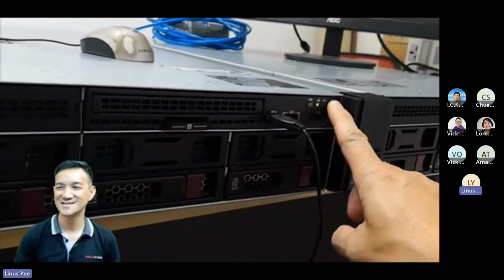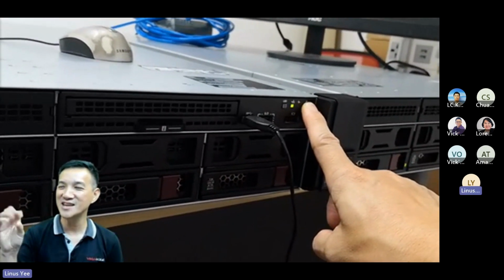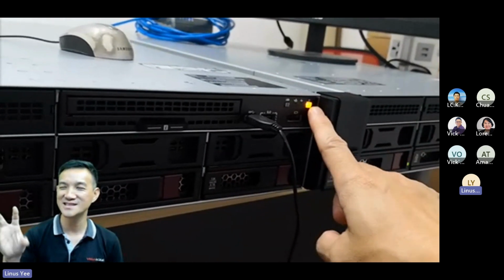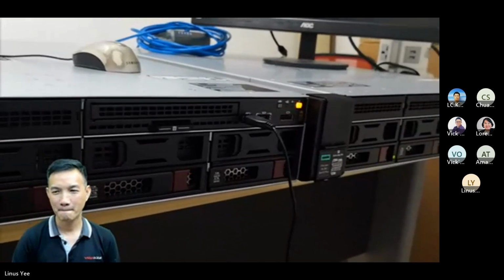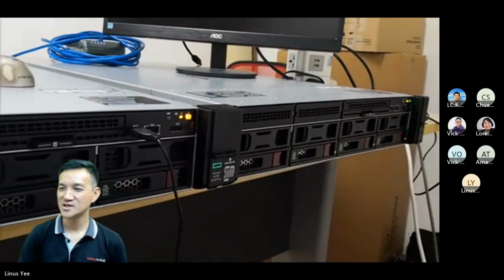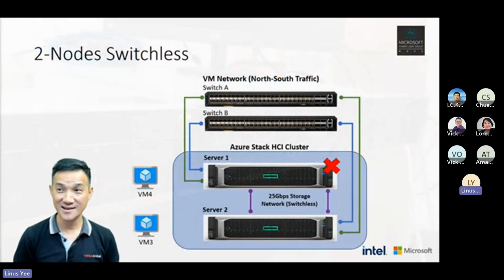We actually press the button to turn it off. You look at the green blinking light, so it is now off. The server is down. Server 2 is still running. And now server 1 is down. And we will move on to this.